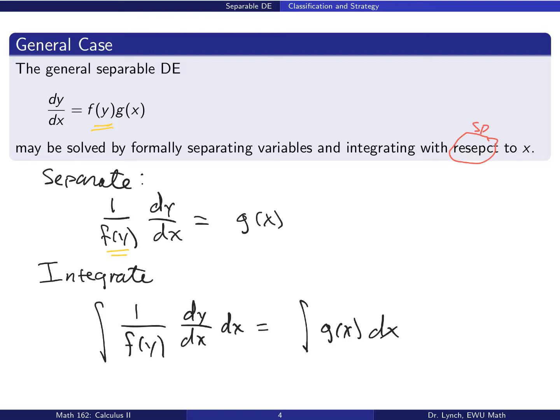We can then integrate both sides with respect to x, and we see that the integral of the left-hand side should be equal to the integral of the right-hand side. Now, in a cool twist, dy/dx times dx is actually just, by the chain rule, equal to dy. So let's see an example.